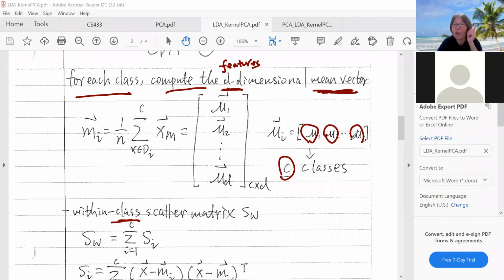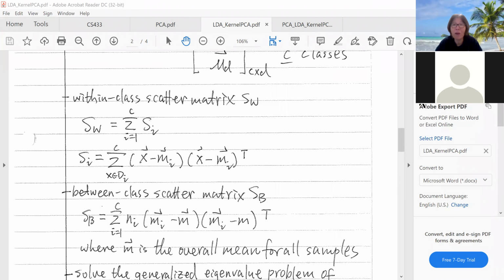So for each class, we compute its D-dimensional mean vector. That's what we represent as this m_i. So this m_i represents, for each class, its mean vector.